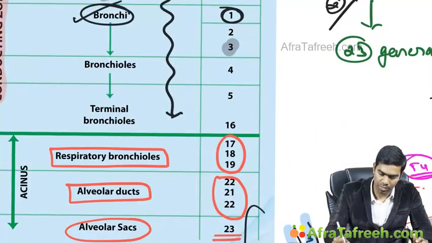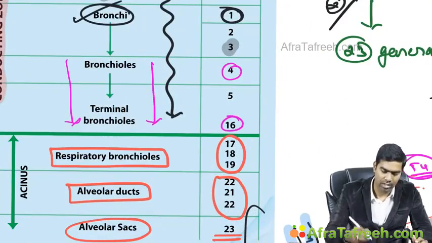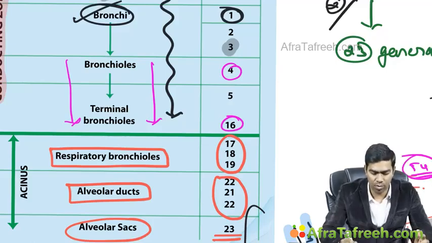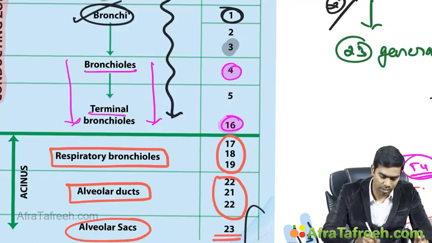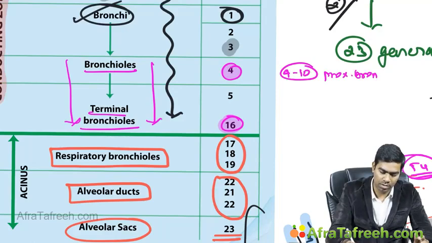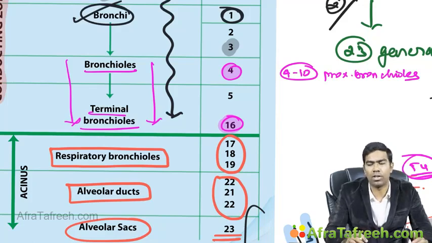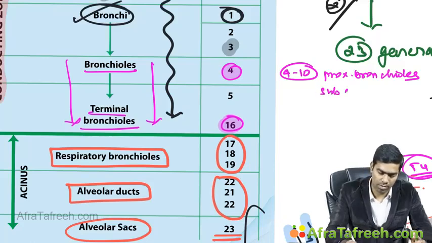Now from generation number 4 till generation number 16, these are typically called bronchioles. But some textbooks call generation 4 to 10 proximal bronchioles, or they also tend to call them subsegmental bronchi.